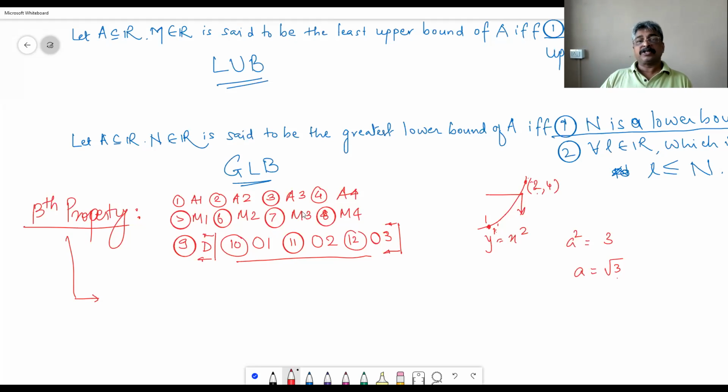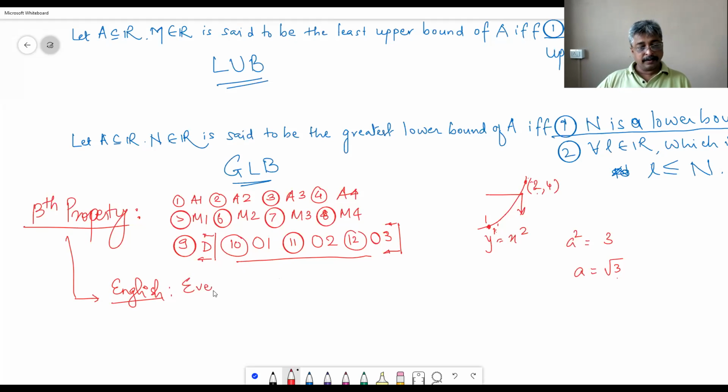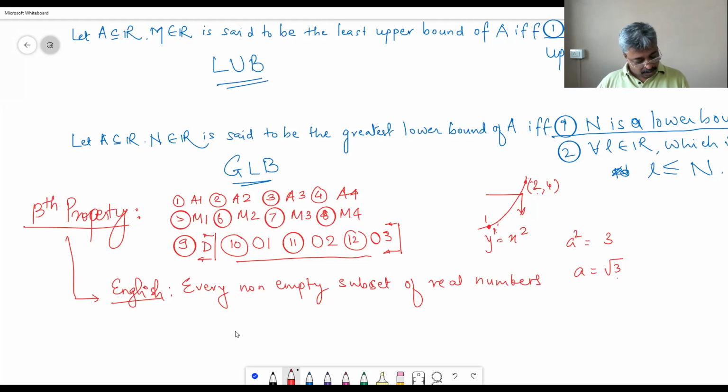The English version of that is: every non-empty subset of real numbers which is bounded above has a least upper bound.